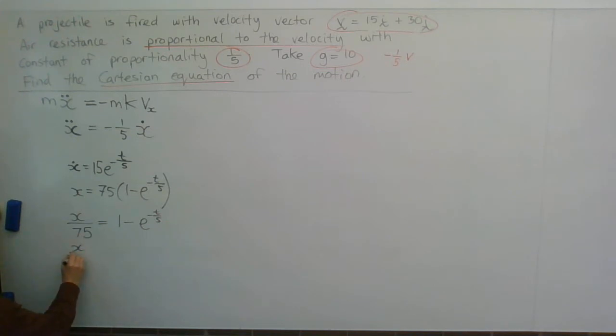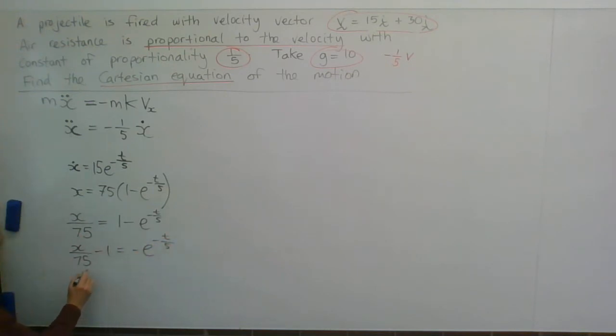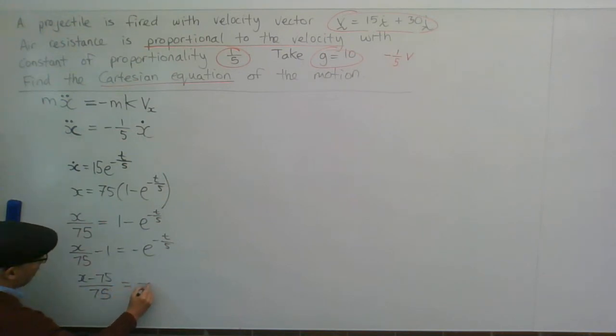So x on 75 minus 1 equals minus e to the minus t on 5. Now if I put that together, I get x minus 75 on 75 equals minus e to the minus t on 5.